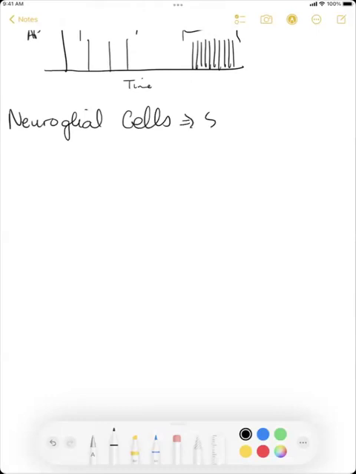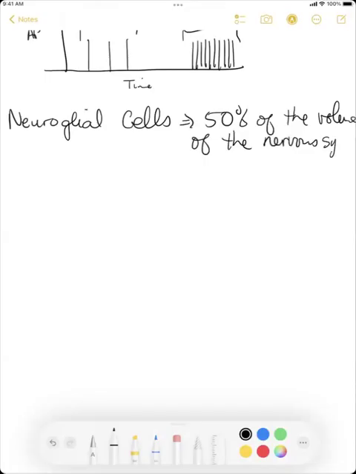That's about 50% of the volume of the nervous system. These don't offer necessarily an electrical communication. These carry with them a supportive and protective function.